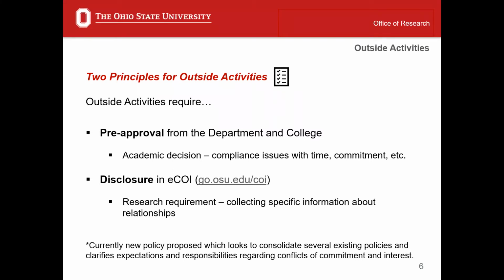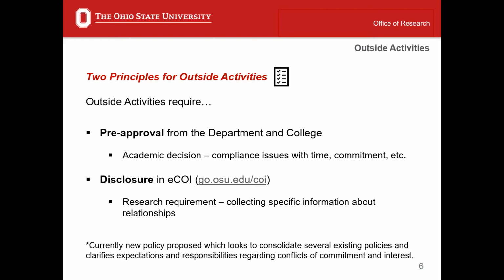So when the college is looking at someone who wants to do outside consulting, for example, they're going to be looking at, okay, how much time does this scientific advisory board take? What's the commitment entailed with a faculty member doing this outside work? And those are the considerations they look at whenever they review and approve a consultancy.